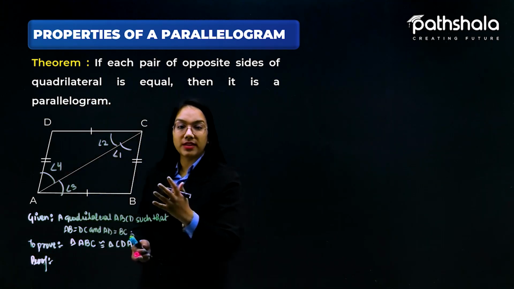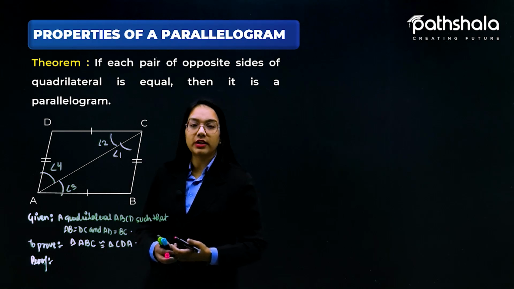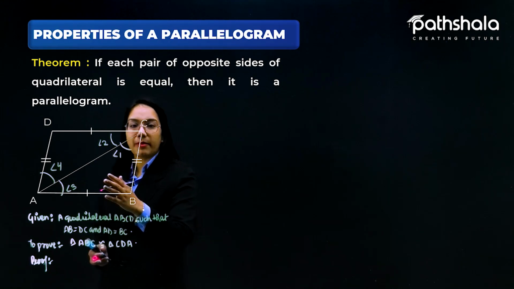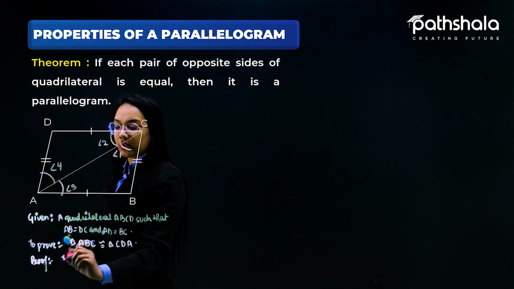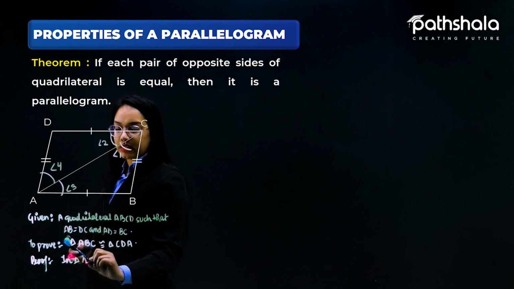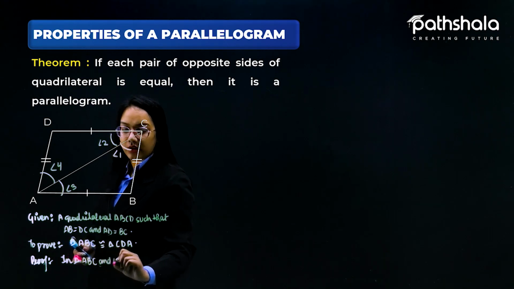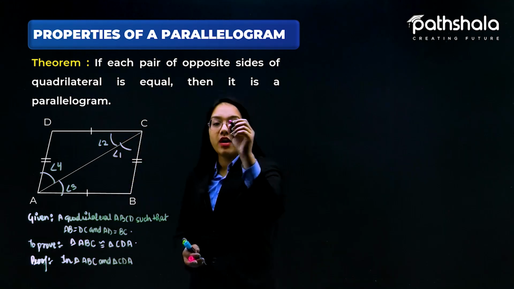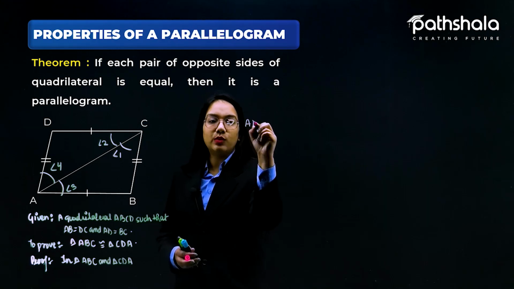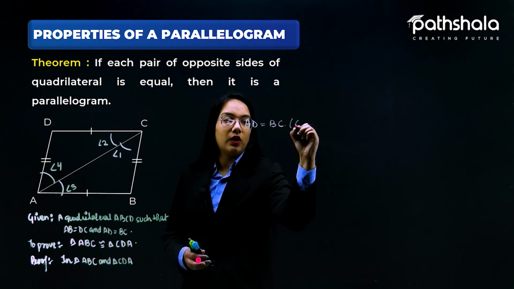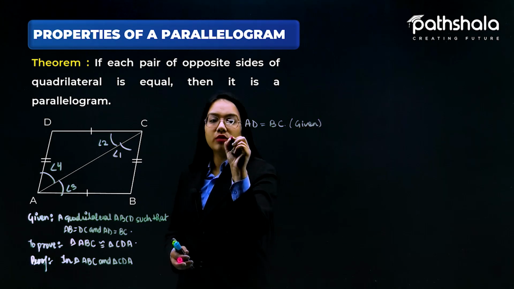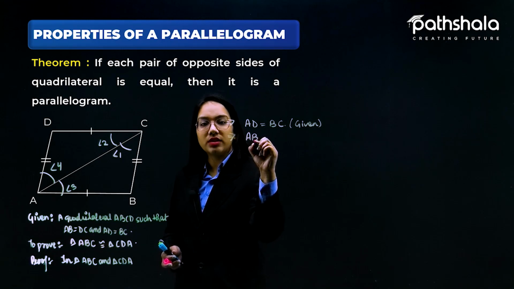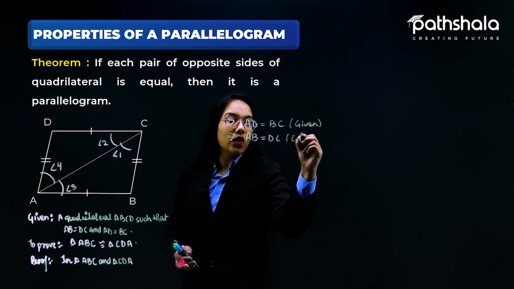Now as we can see, it is already given to us that in the triangle ABC and the triangle CDA, we have AD is equal to BC. This is already given to us. Furthermore, we know that AB is equal to DC. It is also given to us.